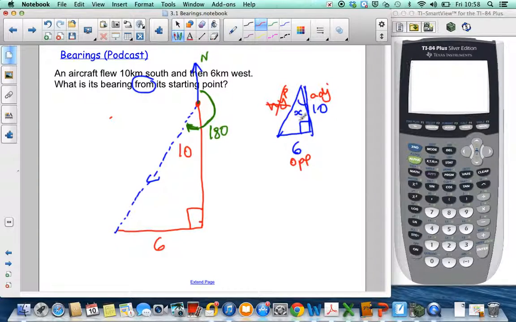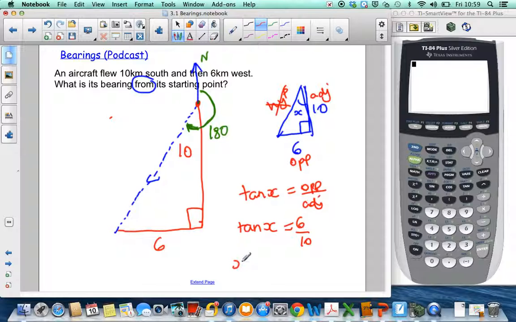I'm not interested in the hypotenuse, so we're going to use tan. So tan x equals opposite over adjacent. Always write the formula first, then do some substitution. So tan x equals, the opposite is 6, the adjacent is 10.